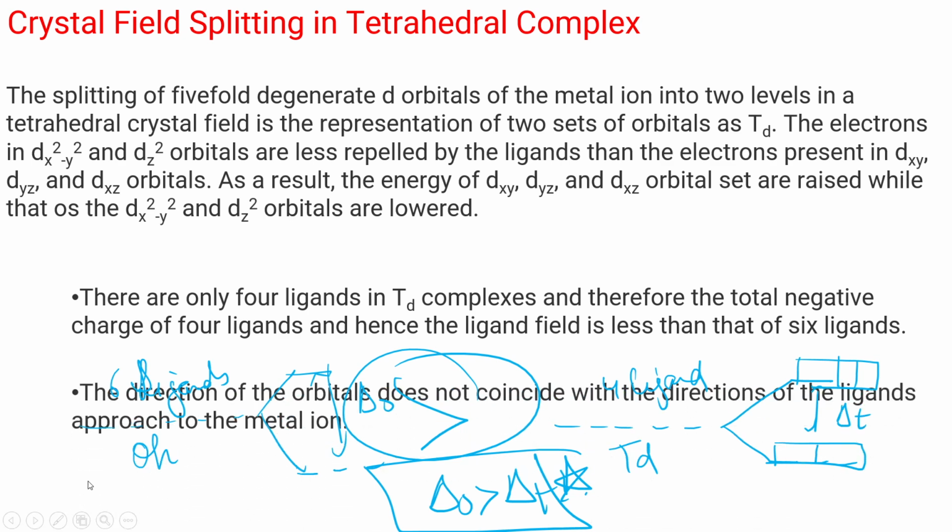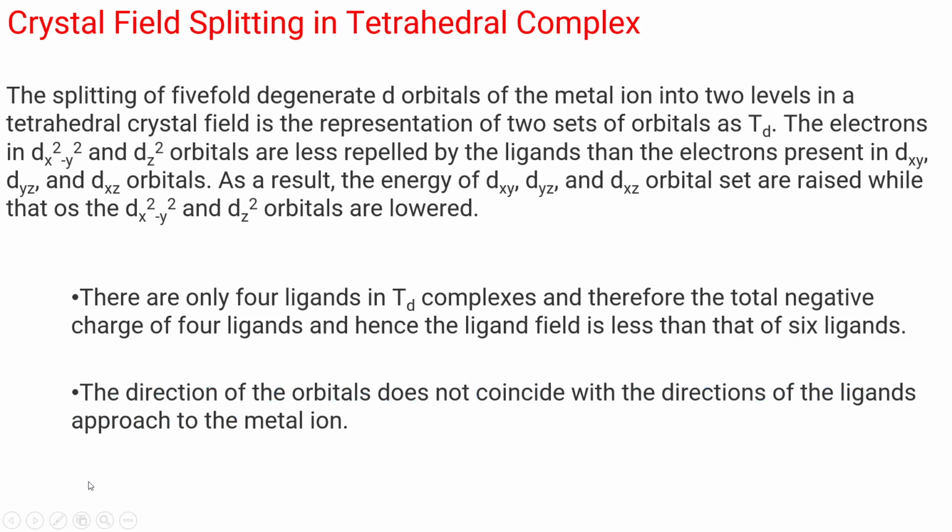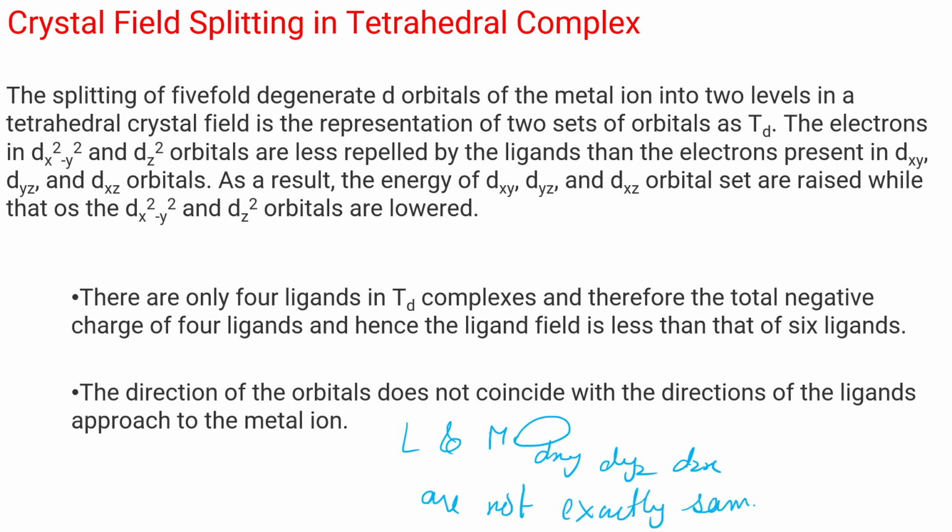The direction of orbitals does not coincide with the direction of the ligands' approach to the metal ion. Since the ligands and the metal orbitals dxy, dyz, and dzx are not exactly the same in direction, delta T is less.